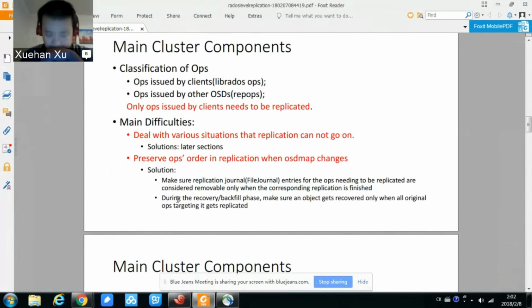And during the recovery backfill phase, making sure an object gets recovered only when all liberated ops targeting it get replicated. If we can make sure these two points, then we can preserve the replication order when the OSD map changes.